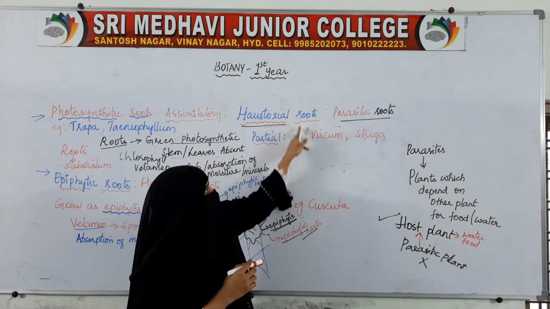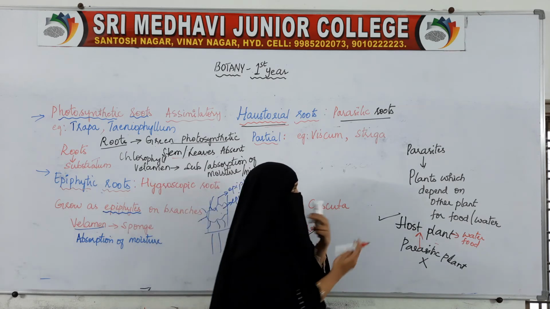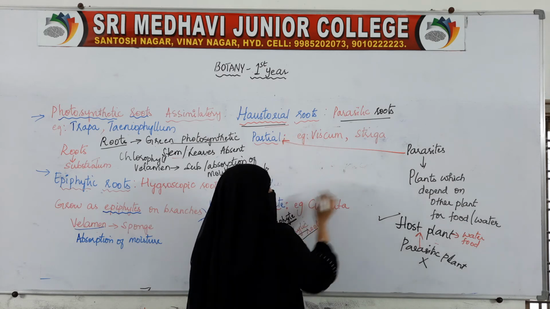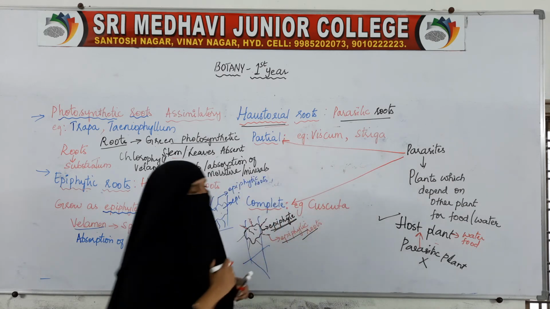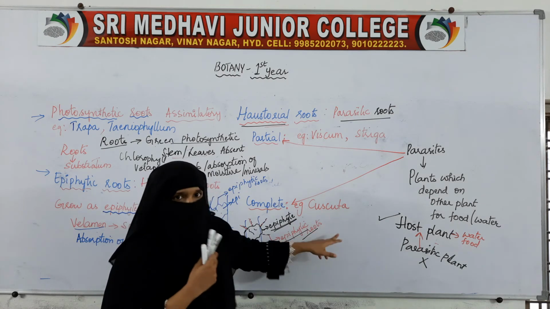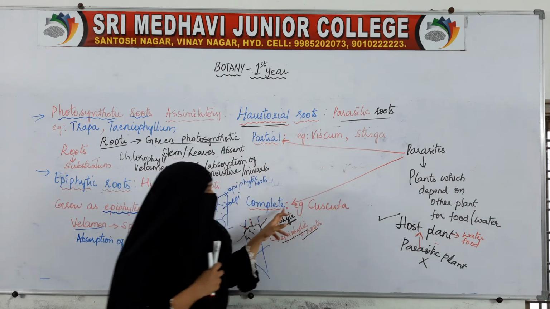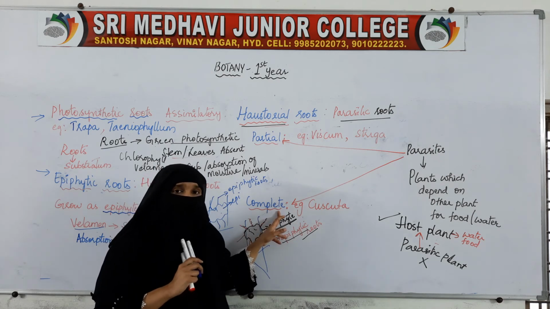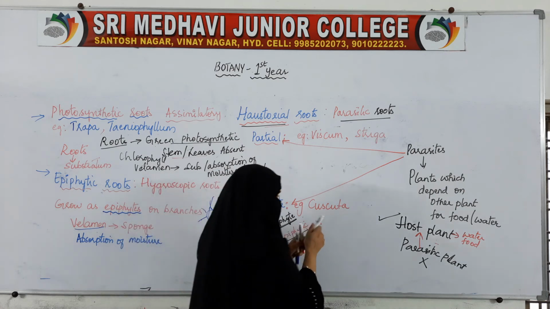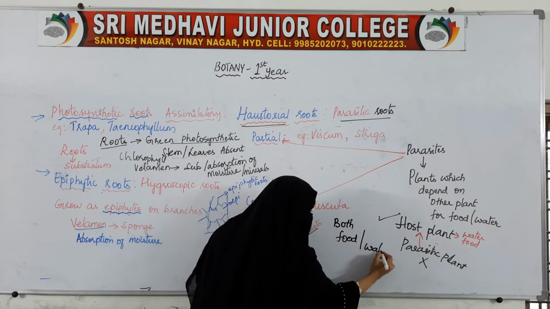Here we have two types of parasites: one is partial parasite, another is complete parasite. In the complete parasite, the plant will depend on the host plant for both food as well as water.